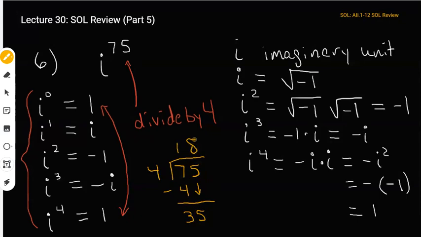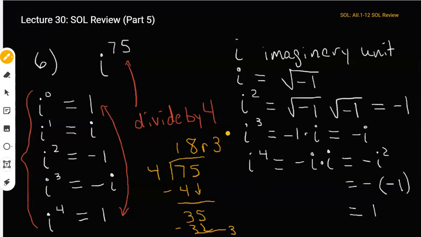Only 8 times without going over, because 8 times 4 is going to give me 32. And when I subtract, what's my remainder going to be? My remainder is going to be 3. So I'm going to write R3 at the top.